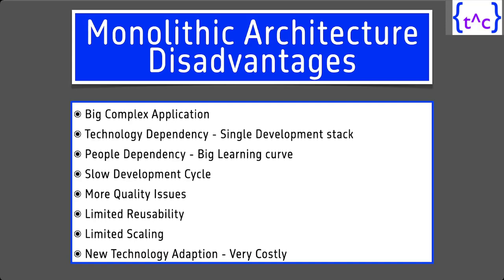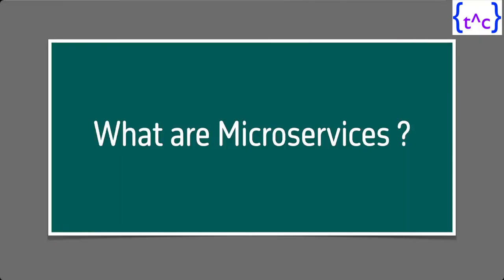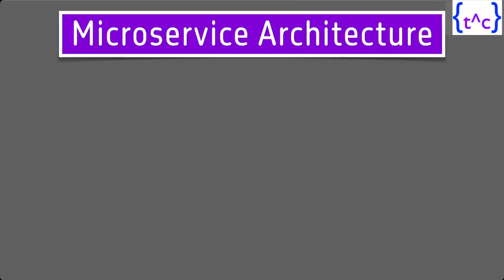Technically, it is hard to say, but yes, to minimize such challenges, there is another architecture which is microservices. So now we will learn what microservices are and how we solve these problems using them. Let us first see what microservices are. We interchangeably call it microservices or microservices architecture.